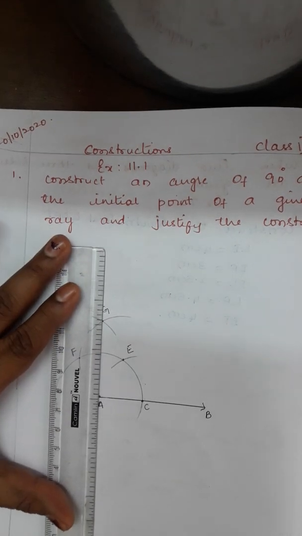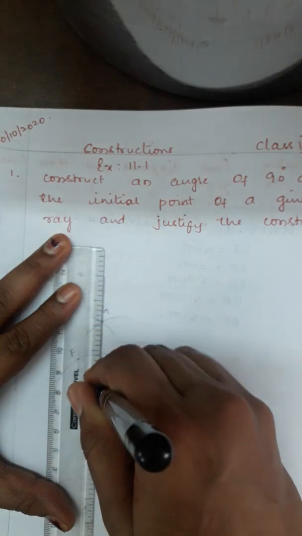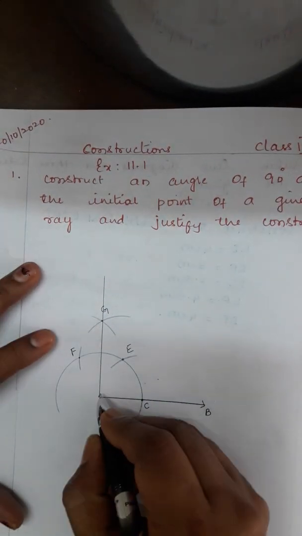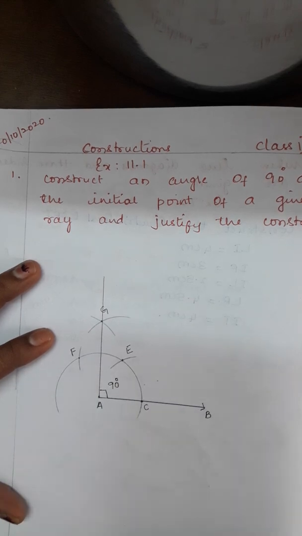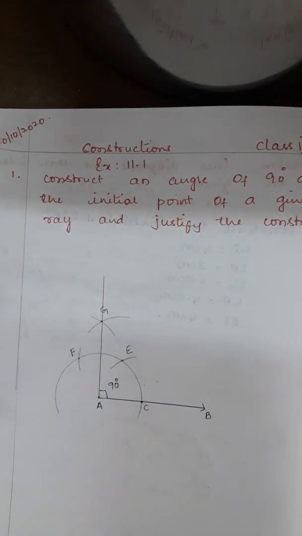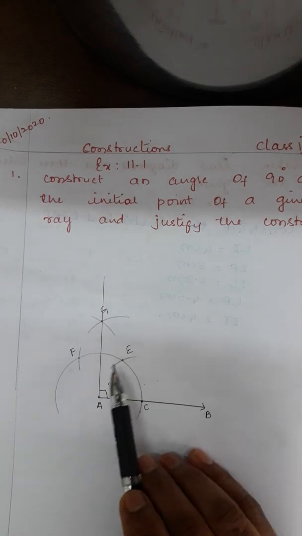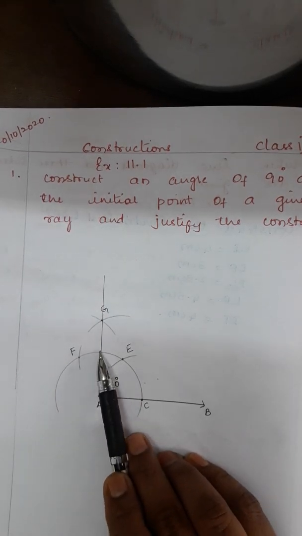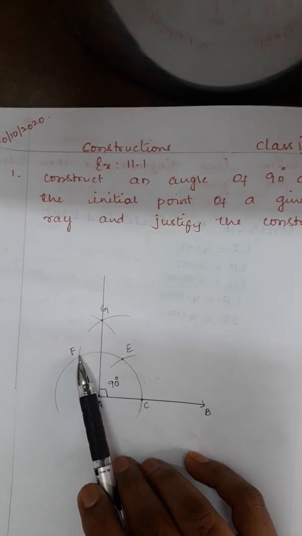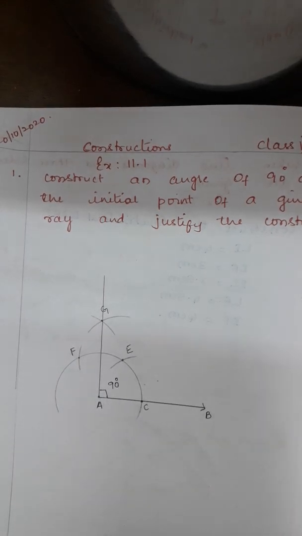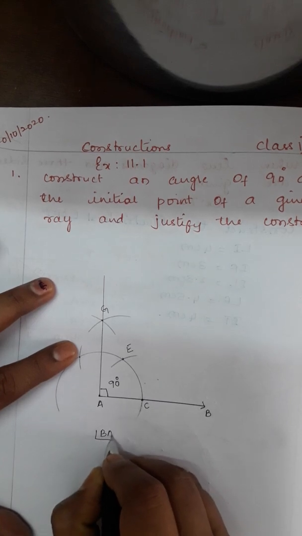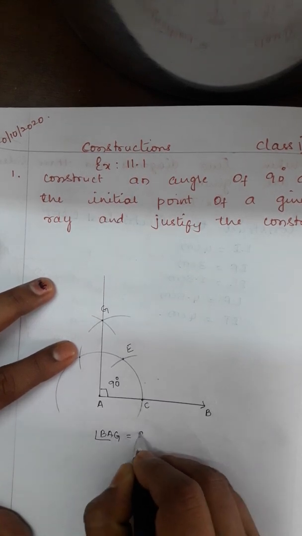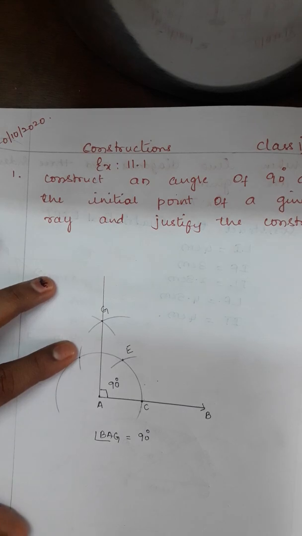Now join A and G. So with the help of a protractor, if you measure, this will be our 90 degree. So this is your 60 degree, this is 90 degree, this is 120 degree. So now I got angle BAG as 90 degree.